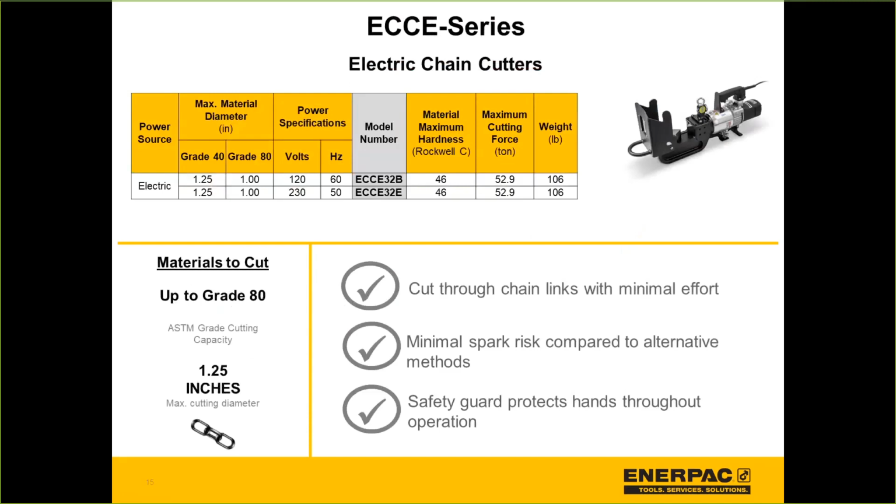Of course, when you get up into the higher grades, that capability goes down a little bit. So we're recommending an application range of up to 1 inch when you're cutting a grade 80 chain. These tools are simple to use, they're very safe, and they're very fast. And when customers see them, they're going to be excited.